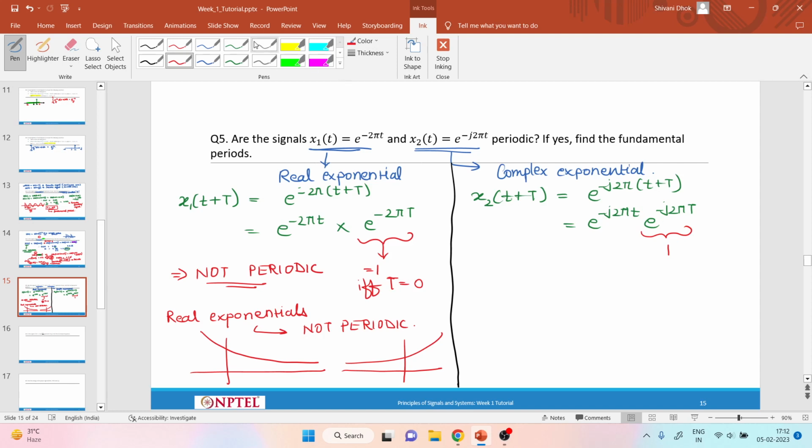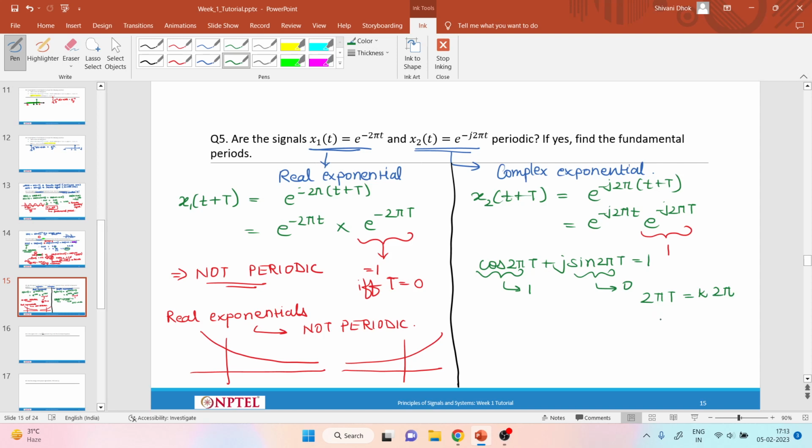If we look at this factor, it is cos of 2 pi T plus j times sine of 2 pi T, and we want this factor to go to 1 and this one to go to 0, and this will happen when 2 pi T is some integer multiple of 2 pi.